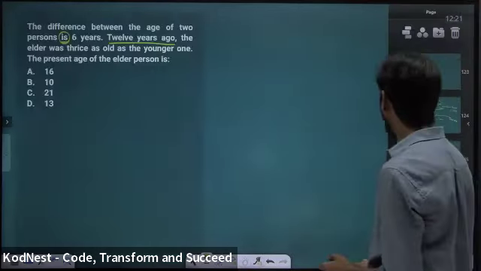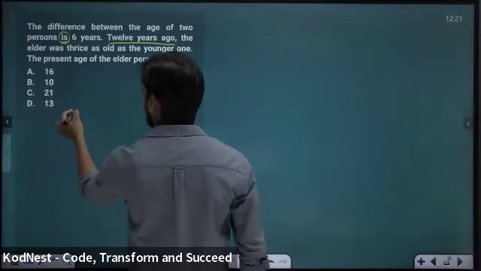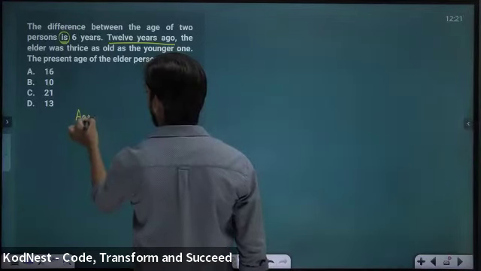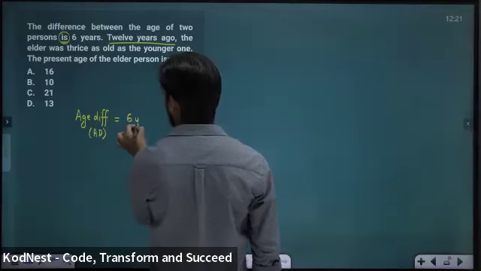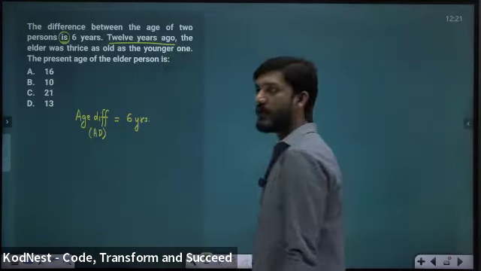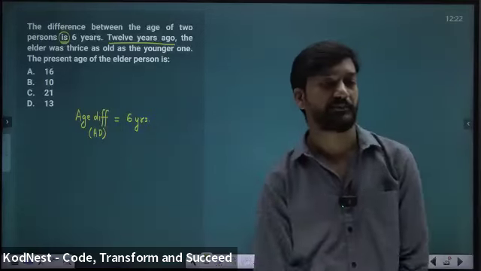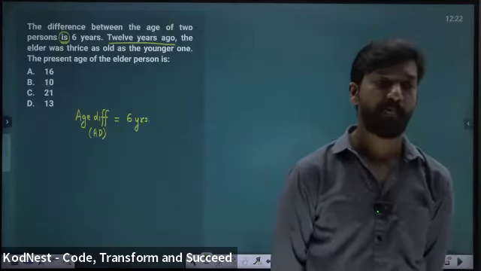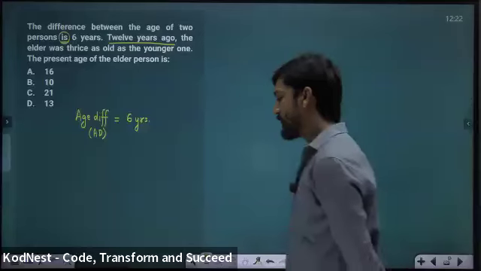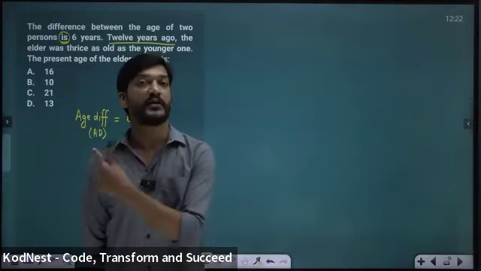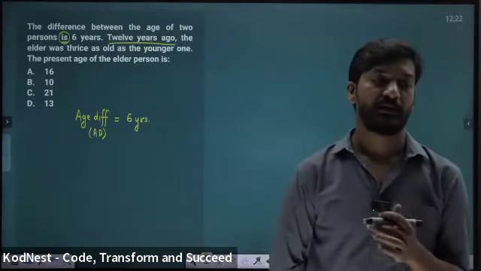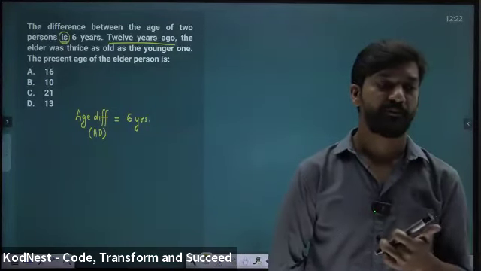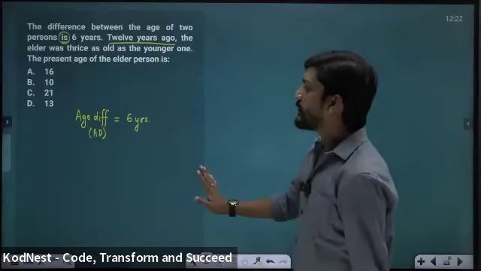Now carefully answer something. Age difference. In short form, you can write AD if you want. AD, 6 years. Do I need to mention the time? Do I need to mention the time that it is present, it is past, or it is future? Should I mention? No. It is not age.